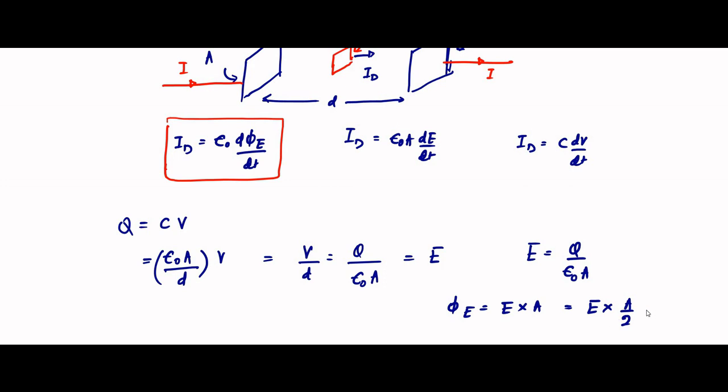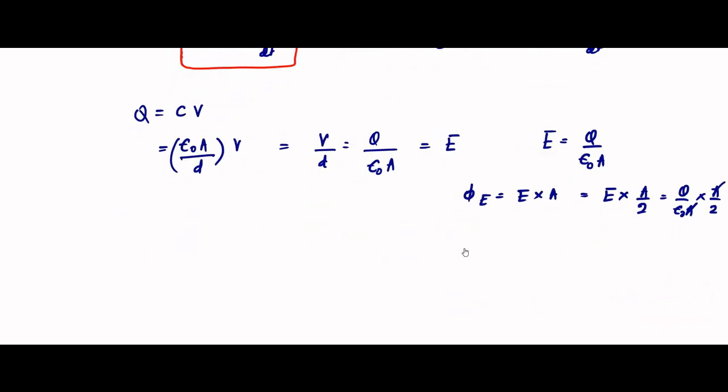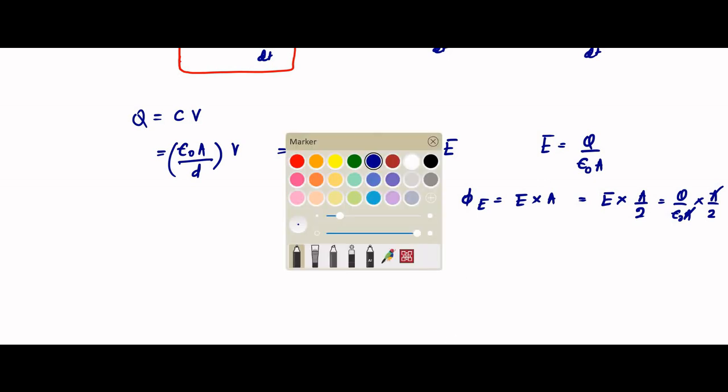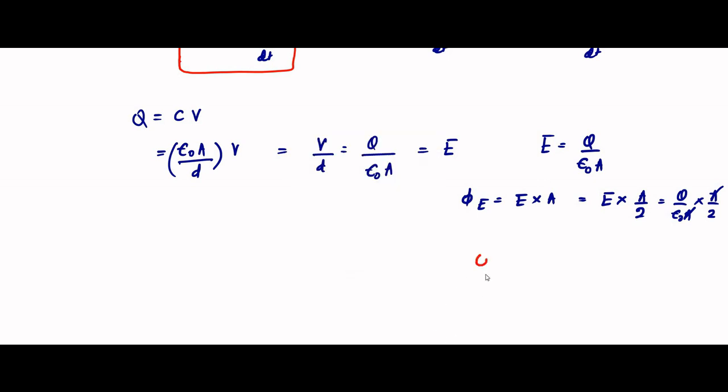So that will be equal to Q by epsilon 0 A into A by 2. A will get cancelled, so we'll have only Q by 2 epsilon 0. Electric flux through the small area A by 2 is equal to Q by 2 epsilon 0.